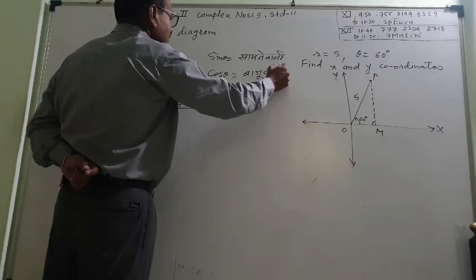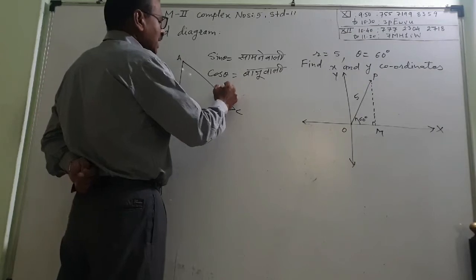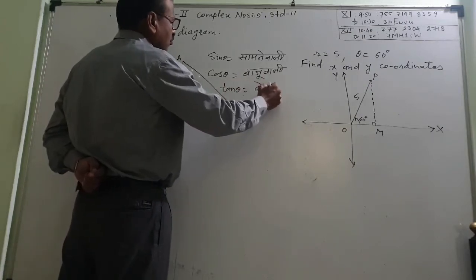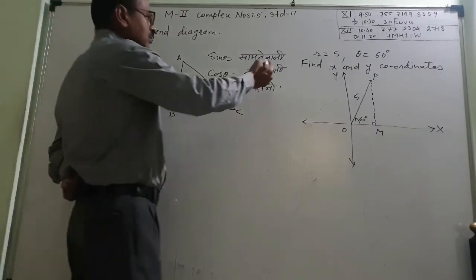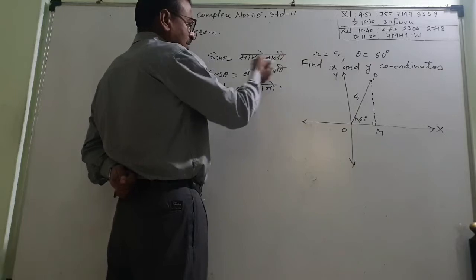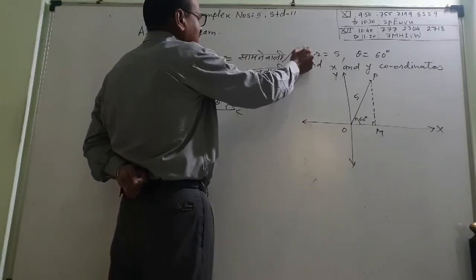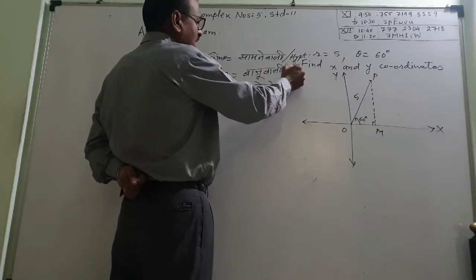And tan म्हणजे दोनों. अब ये दोनों क्या है? दोनों यानी क्या क्या होता है? सामने वाले यानी क्या? सामने वाले अपॉन हाइपोटेनस, बाजू वाले यानी अपॉन हाइपोटेनस.